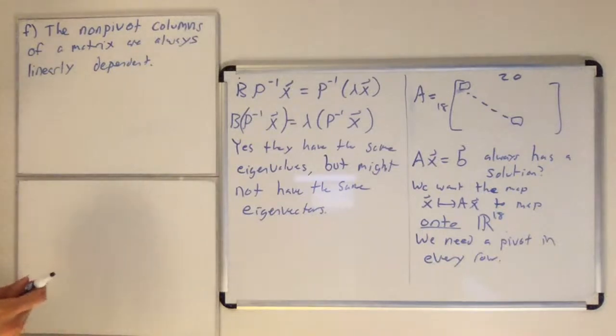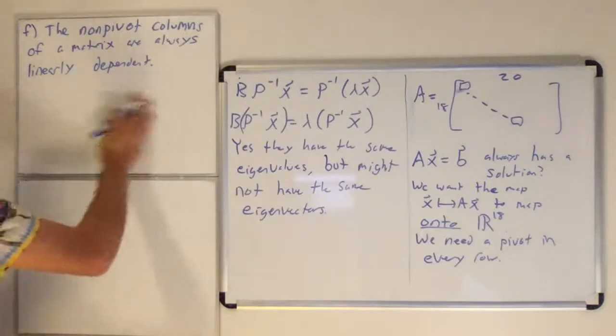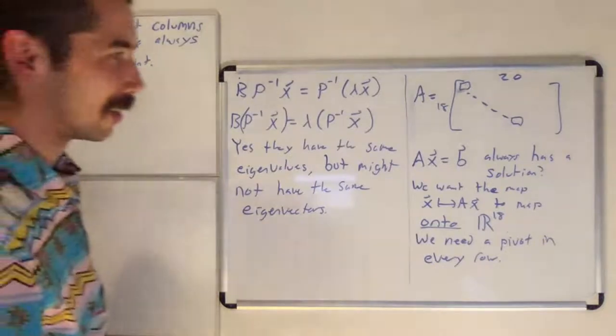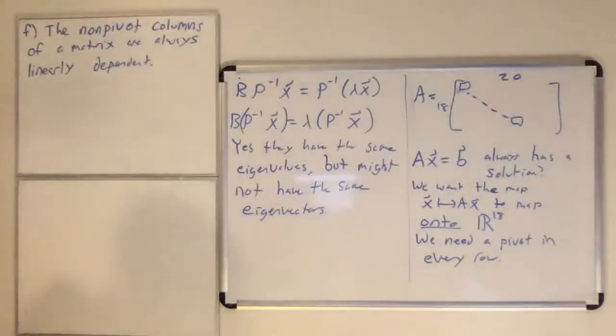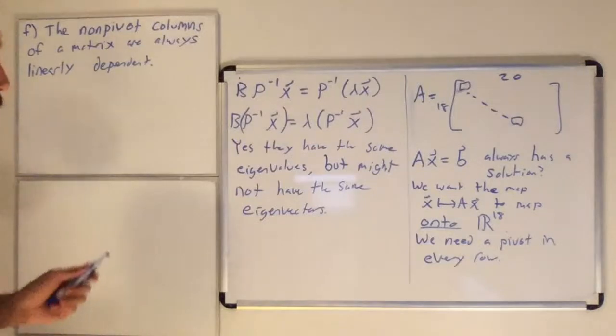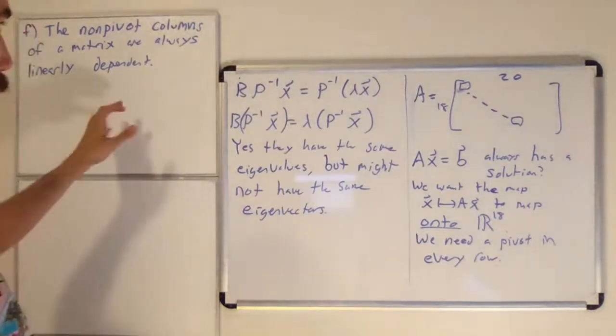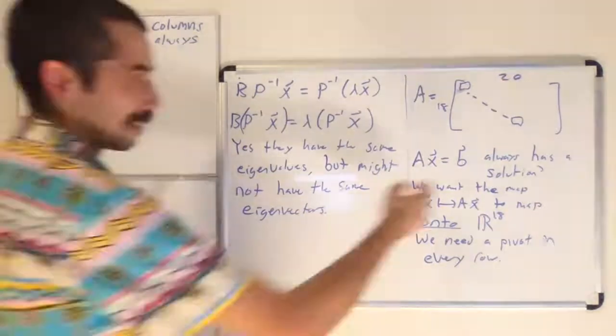Okay, so the non-pivot columns of a matrix are always linearly dependent. Let's try to craft up a counterexample. The reason I suspect that it's not true is, look at this example here.